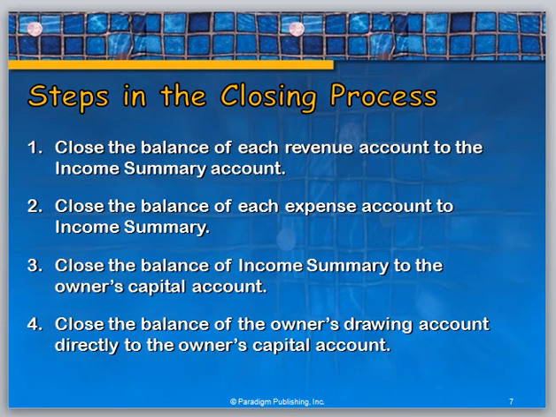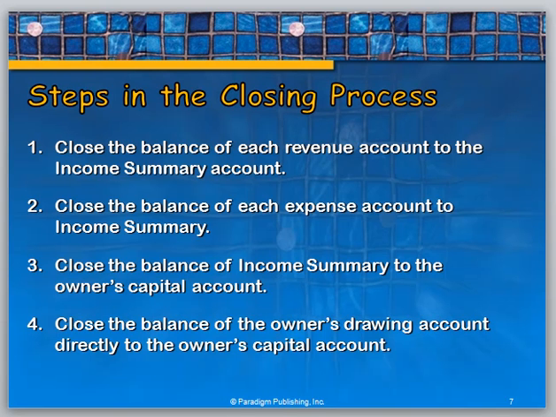If the balance of the income summary is credit, then we've got a net income for that period because the credit side exceeds the debit side. The credit side being the revenue side and the debit side being the expense side. Now, if we have the reverse, then we're going to have a net loss, right? So if the debit side were bigger, then we'd have a net loss.